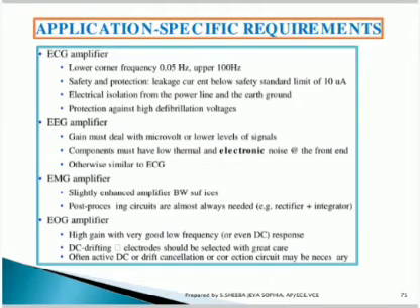In general, there are requirements for ECG amplifier, EEG amplifier, EMG amplifier, and EOG amplifier for applying them in real time, and all these criteria are satisfied by the biopotential amplifiers which we are discussing now.